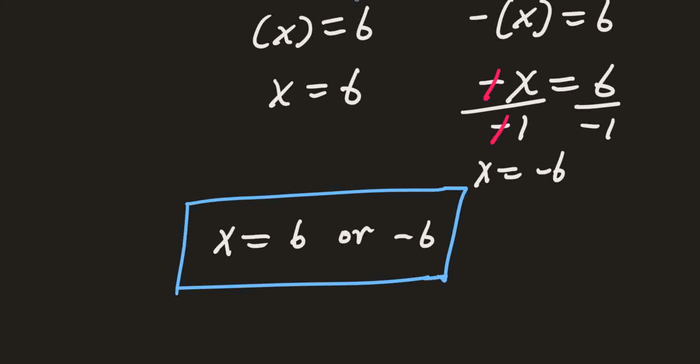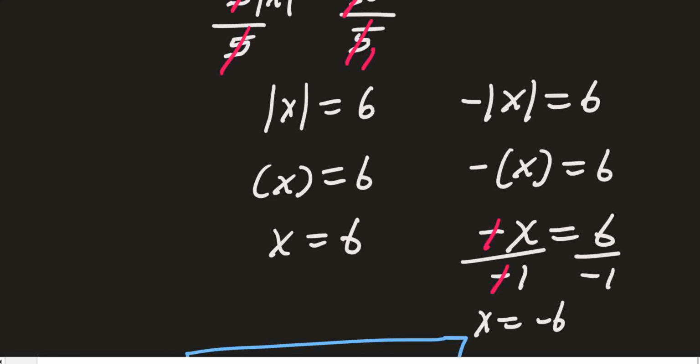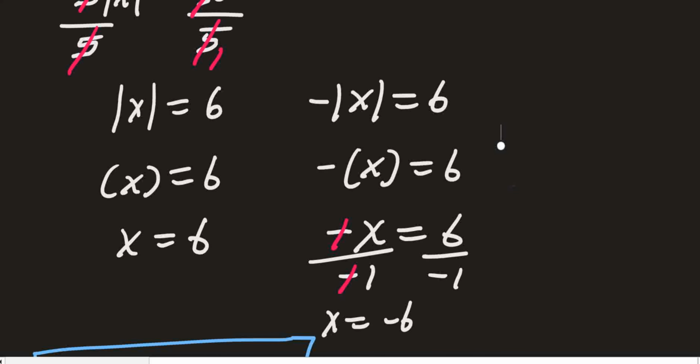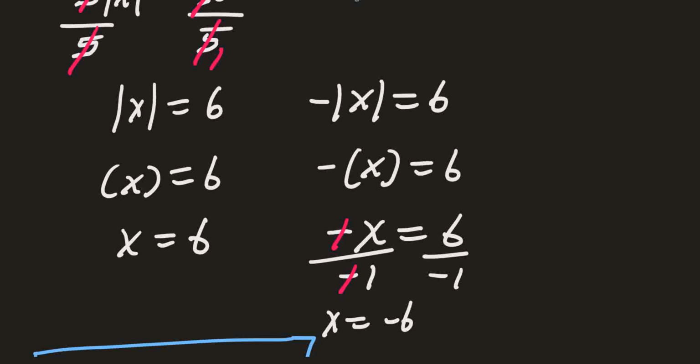Now, another reason why we placed a negative sign before the absolute value is that the absolute value must be positive. If it's negative, then you find a way of making it positive by simply placing negative sign before it.